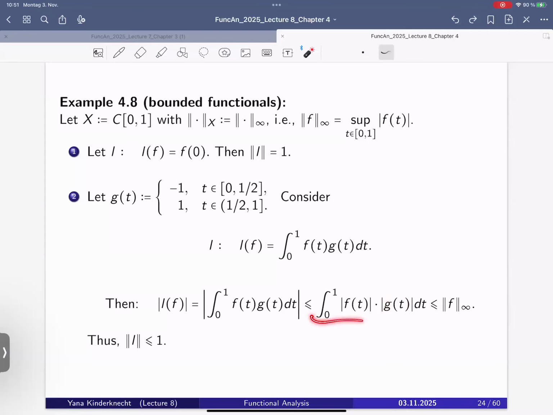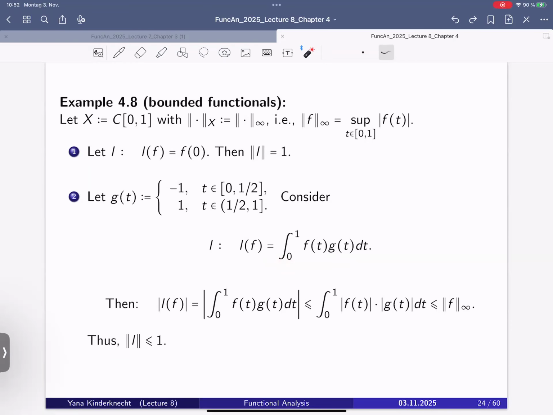And then this is smaller or equal than the supremum norm of f times the integral from 0 to 1 of dt, and this is just 1. Hence, we have this estimate, and from this estimate we see that the norm of this mapping is smaller or equal to 1. Of course, again, this mapping is linear with respect to f due to linearity of the integral.